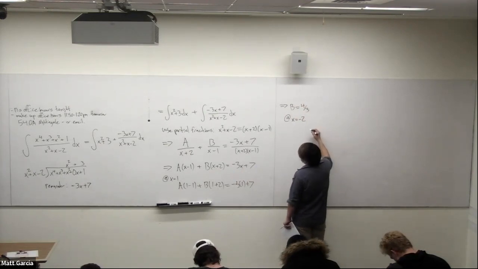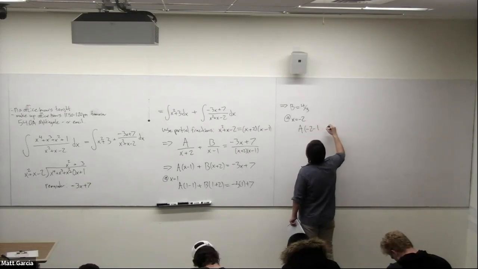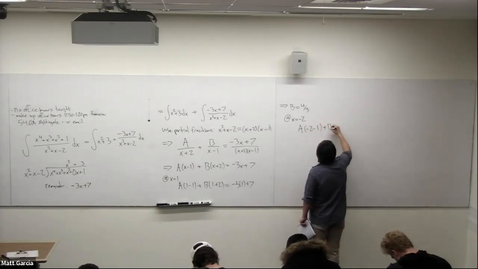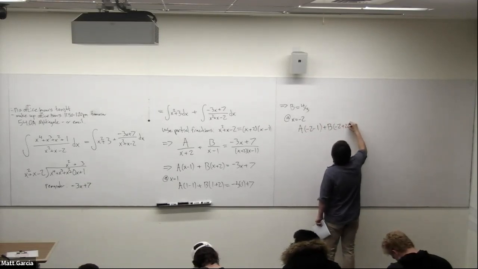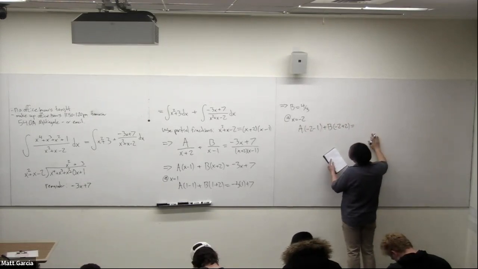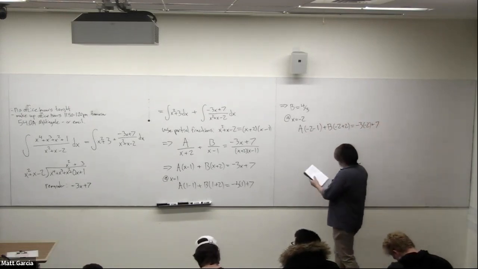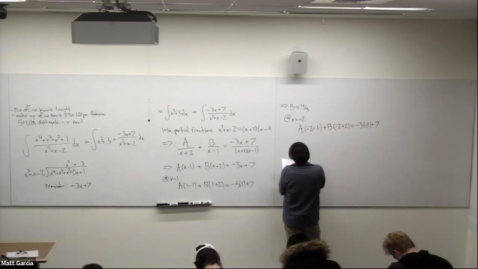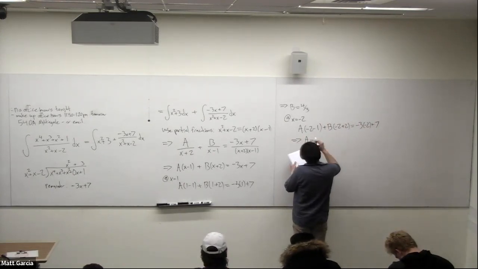So we get A times negative 2 minus 1 plus B times negative 2 plus 2 equal to negative 3 times negative 2 plus 7. Again, some arithmetic concludes that A is equal to negative 1.